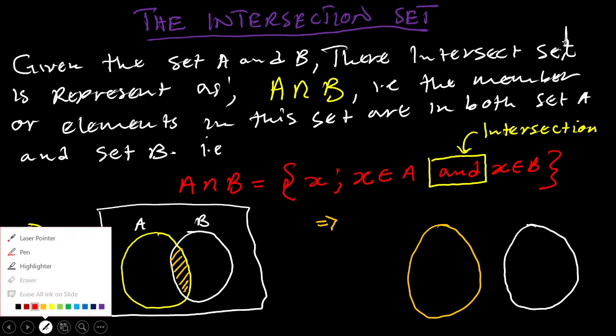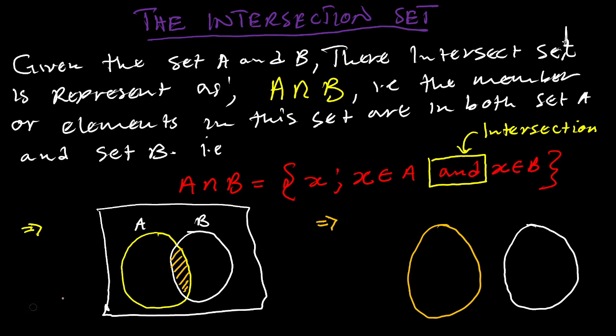So a disjoint set is a set between two sets that are not meeting together. They are not together.